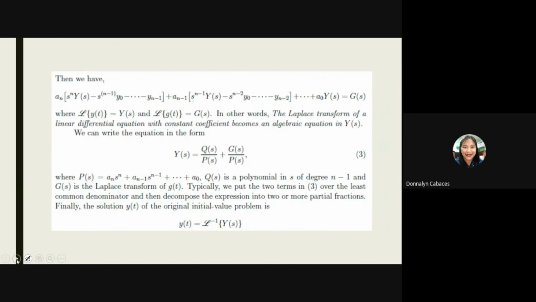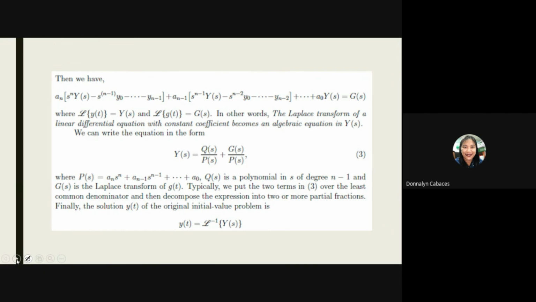Then, by applying the transform of derivatives, you will have this resulting equation, where the Laplace of y of t is equal to Y of s and the Laplace of g of t is G of s. So in other words, the Laplace transform of a linear differential equation with constant coefficients becomes an algebraic equation in Y of s.